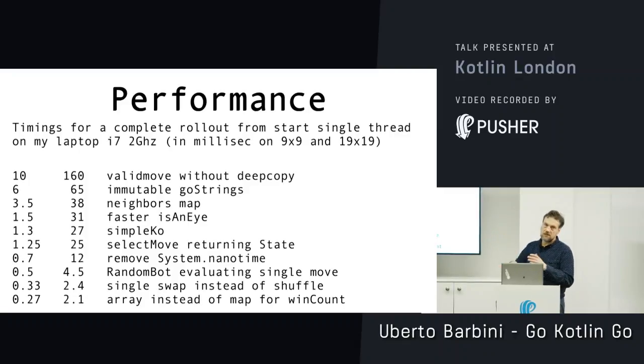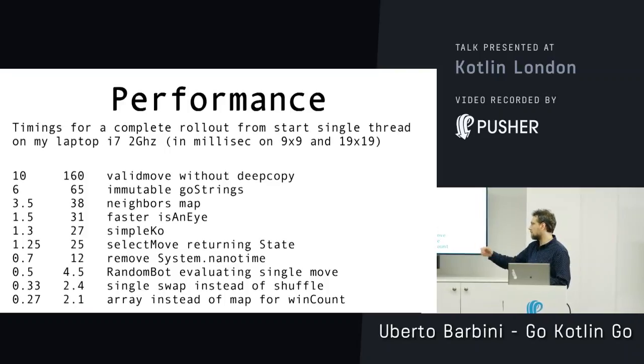This is much faster than calculating all the valid moves and then picking one. And instead of shuffling all the possible moves, it just does a single swap and then goes through the random ones one by one. If you want to look at the code, everything is in Git.